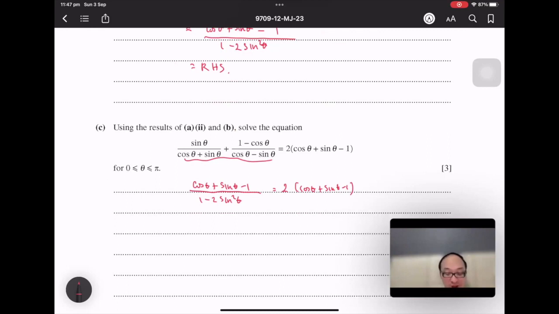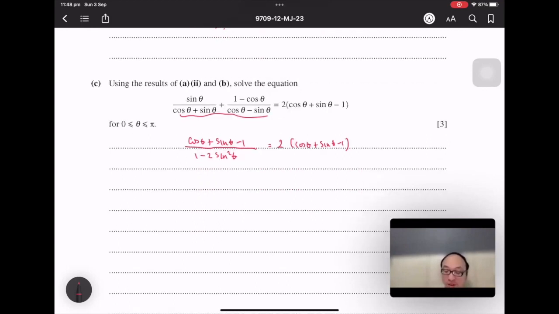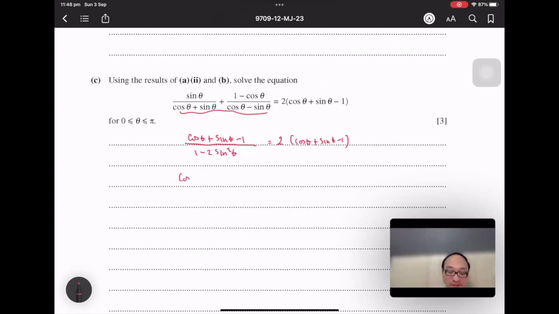So from here we can cross multiply: cos theta plus sin theta minus 1 equals 2 (cos theta plus sin theta minus 1) multiplied by (1 minus 2 sin squared theta).